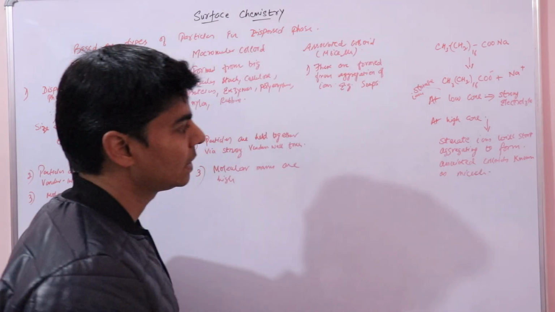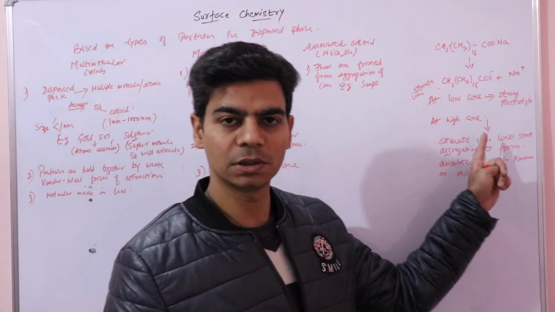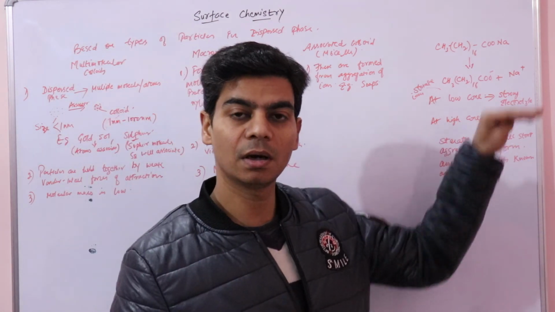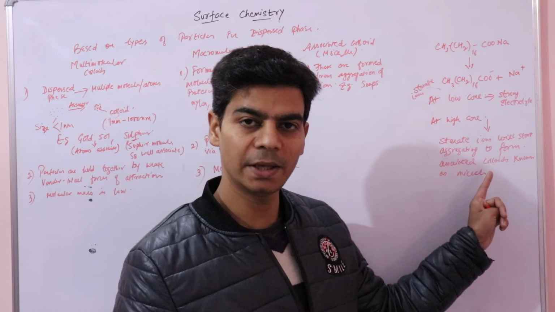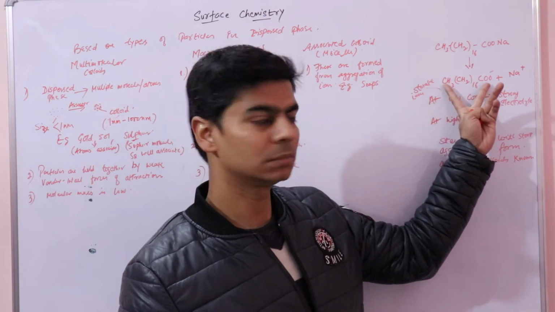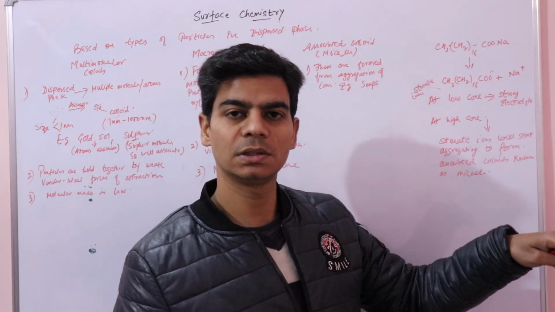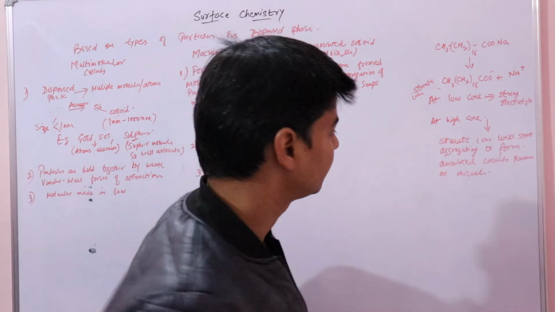Since we said that this takes place at high concentration, the concentration above which this micelle formation takes place from these stearate ions is known as critical micelle concentration, right.